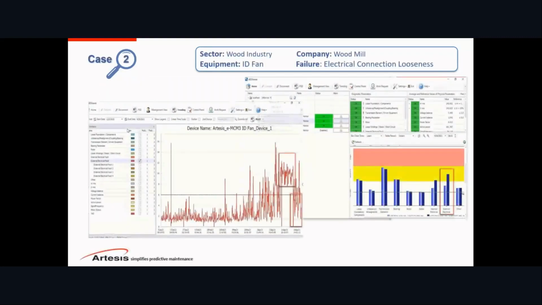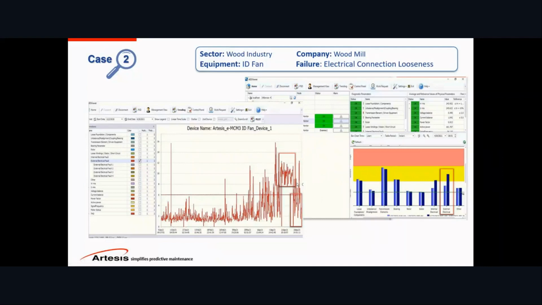Another case we have is an external electrical issue. As you can see here, after we were monitoring this equipment, it already had some issue, transmission and bearing. The user was aware of this. But what was new here is that this external electrical went up very quickly, significantly, and they were concerned about what's going on here.